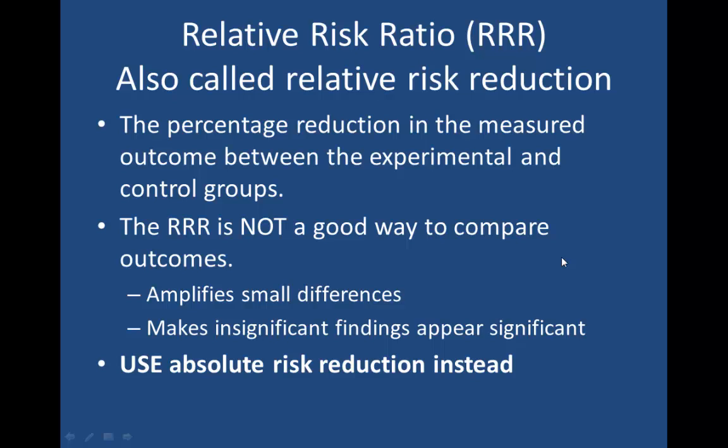Relative risk ratio, risk reduction, those were all names for the same thing. It's a way for a statistician to make their outcomes look better than they really are. You're going to know to use absolute risk reduction instead.